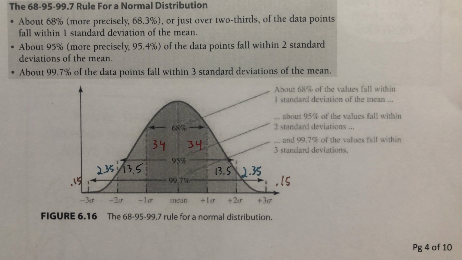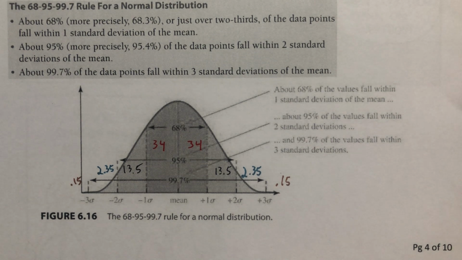All right, 99.7 minus 95 gives us 4.7%. If I take half of that, I get 2.35. So 2.35% falls between 2 deviations and 3 deviations. And since 50% was above, I can take 50 minus 34 minus 13.5 minus 2.35, and I'm left with 0.15% of the population will be above 3 deviations or below 3 deviations.